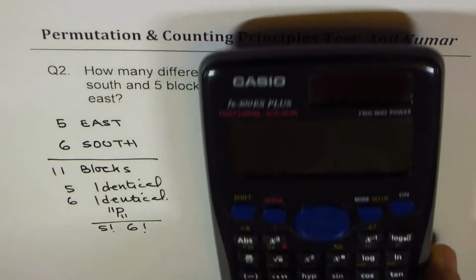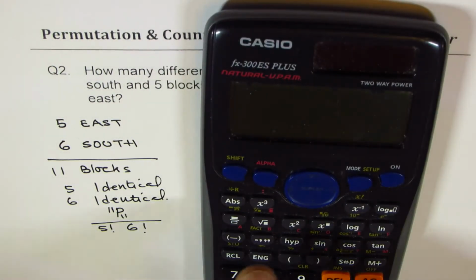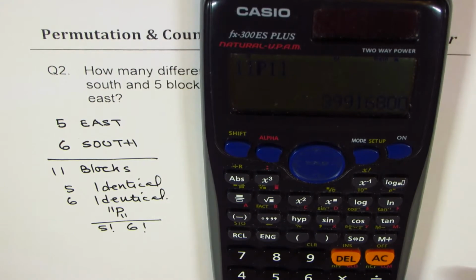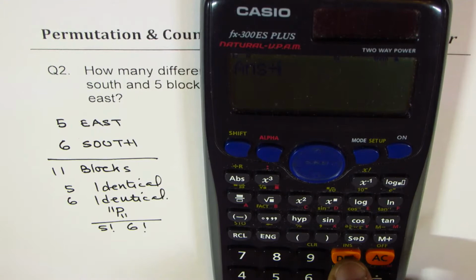And now let's calculate. So what we have here is 11P11, right? So that gives a very big number. We'll divide this by 5 factorial, and whatever we get, we are going to divide this by 6 factorial.